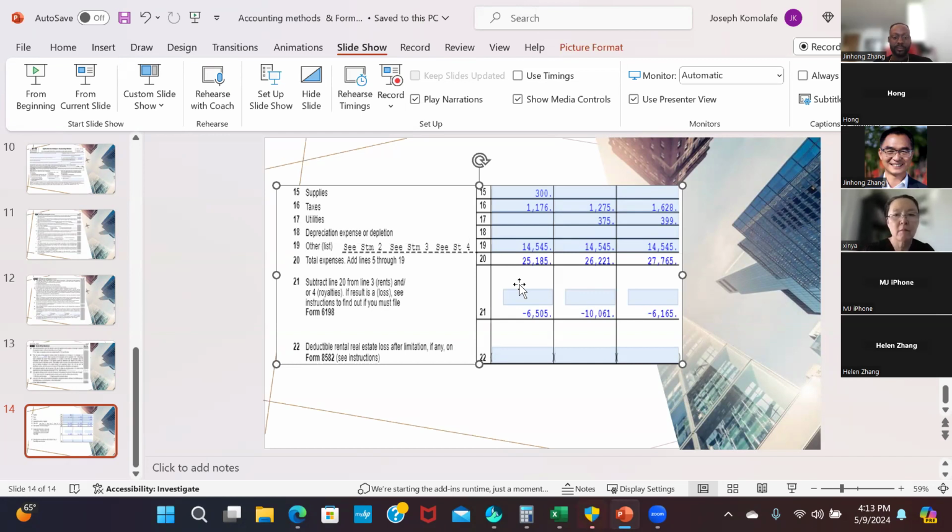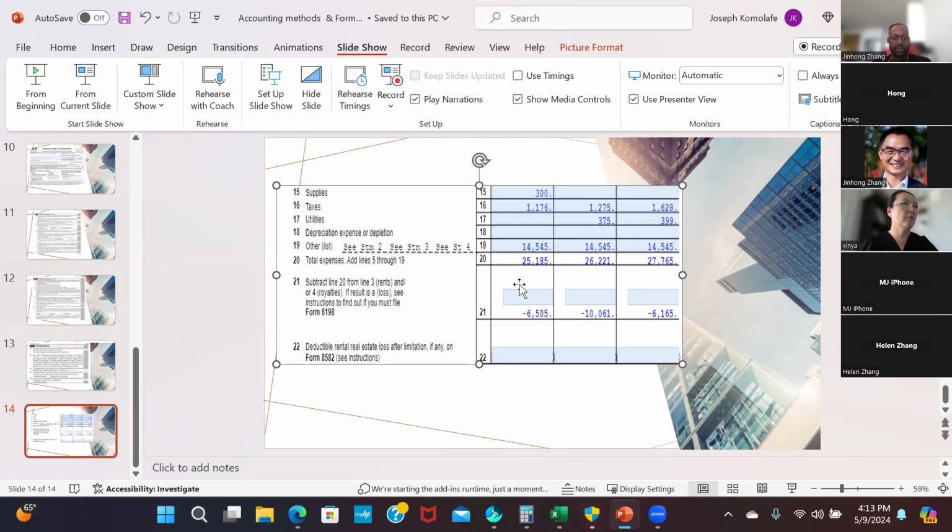If we have a cost segregation, now we can do the cost segregation and start from this year and take the whole thing together, like the bonus depreciation this year. Or we do a cost segregation starting from the year that the property was placed in service, let's say 3 years ago.